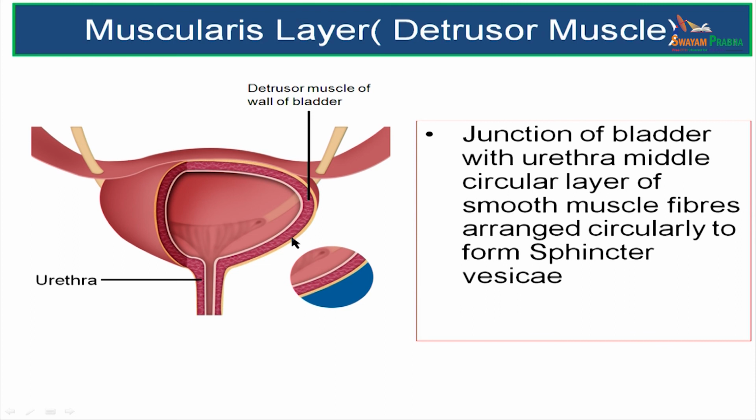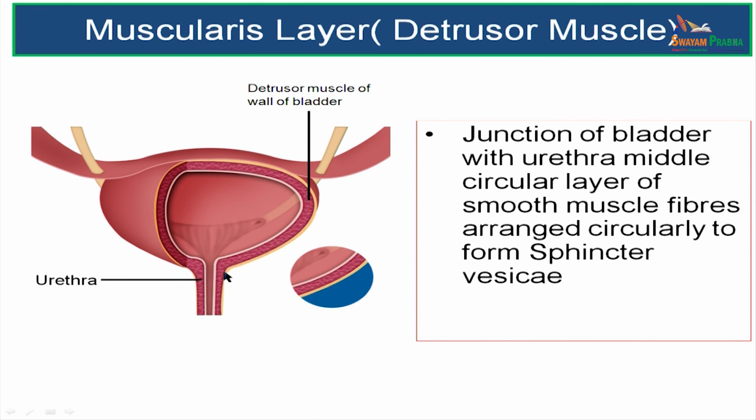One more important point about this detrusor muscle is that at the junction of the bladder with the urethra, the middle circular layer of smooth muscle fibers become arranged circularly to form the sphincter vesicae.